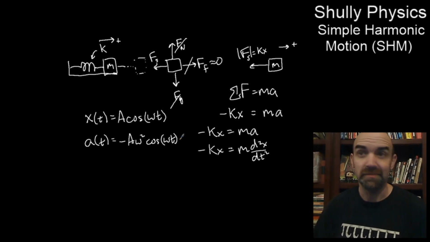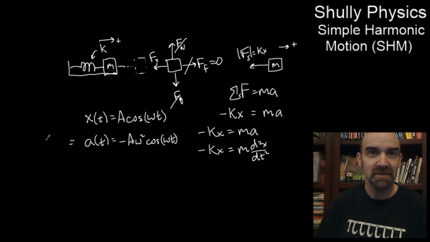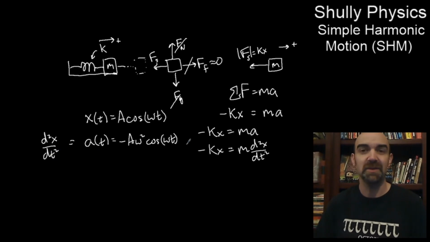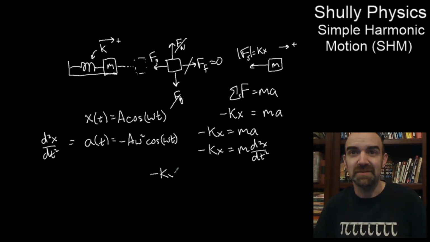So why not try to solve this with respect to time, or get something more out of this, by plugging these in here. This a is the second derivative with respect to time of displacement. So why can't we plug these expressions in and see what happens? We got a negative kx on the one side, but instead of x, I'm going to plug in A cosine omega t.